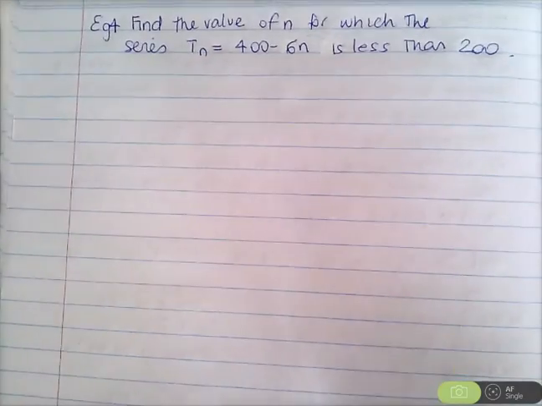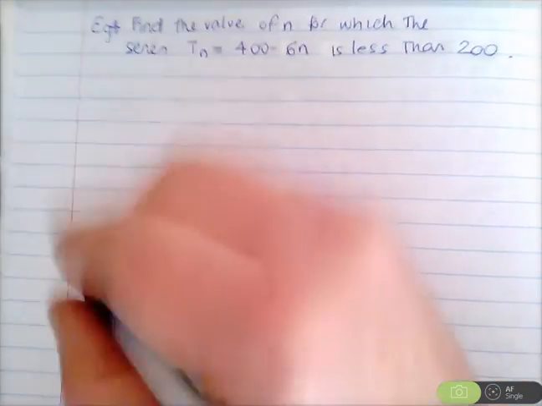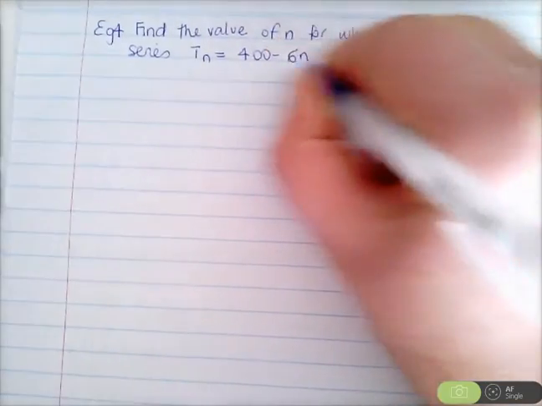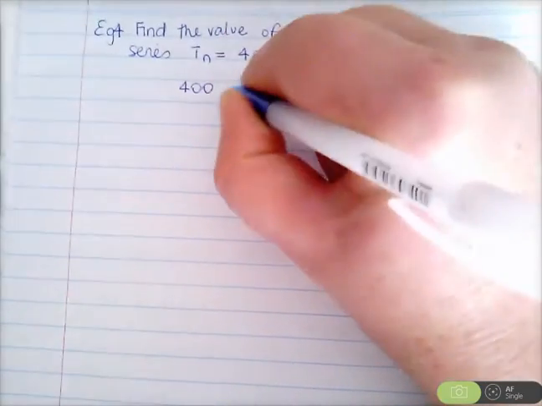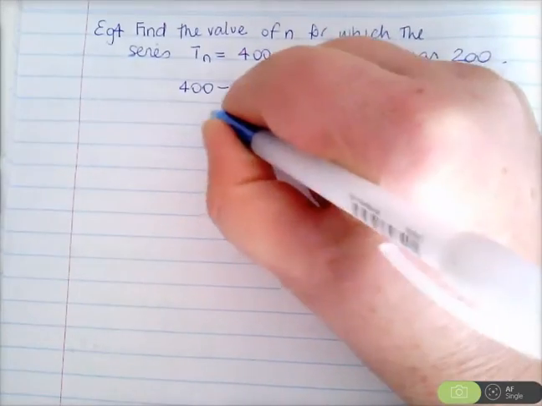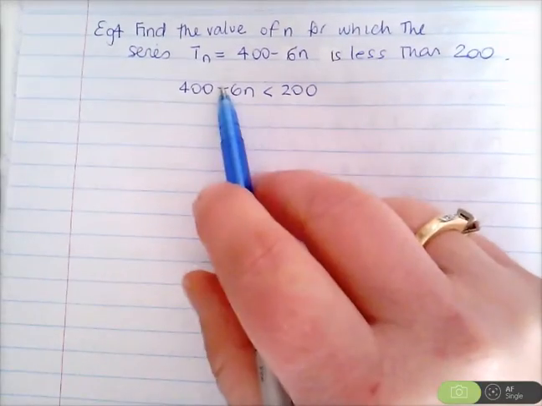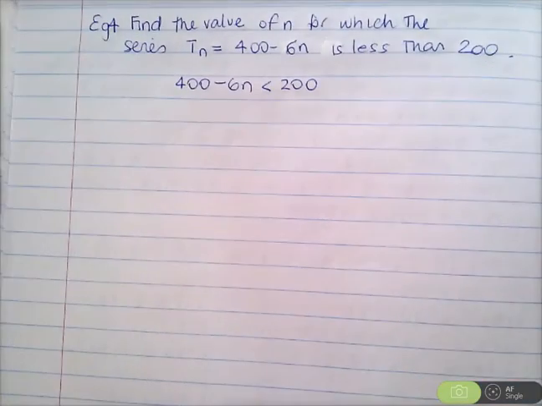Or find the value of n for which the series Tn equals 400 minus 6n is less than 200. So we want Tn to be less than 200. This is what Tn is. So 400 minus 6n has to be less than 200. We can do this either way. We can put the 6n on this side, the 200 on that side, get rid of the negative.